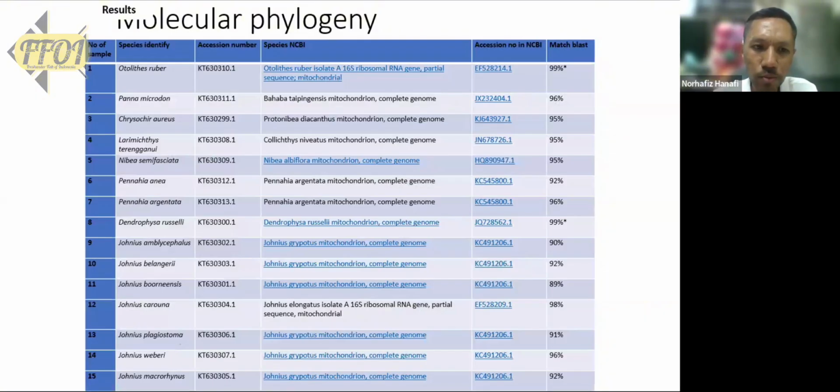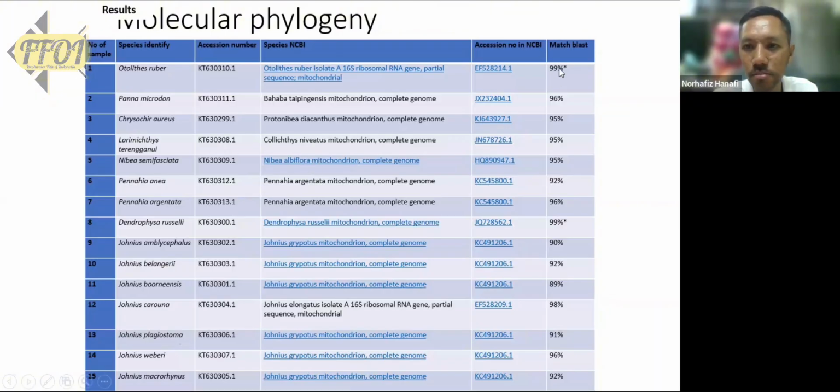Okay, this is one more piece of information I want to share based on the genetic data. When I browse NCBI, I check every species that I have a genetic sequence for and compare it with the database. Most of the matches you can see from number 1 to number 5. Below 98%, I can tolerate down to 95%.